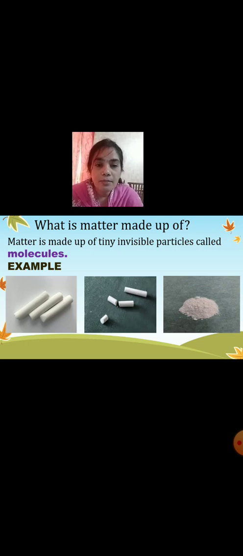So millions and millions of these tiny particles together form a bird or chair or pencil or any solid item. The molecules of different substances are different from each other. So these tiny particles are called molecules.